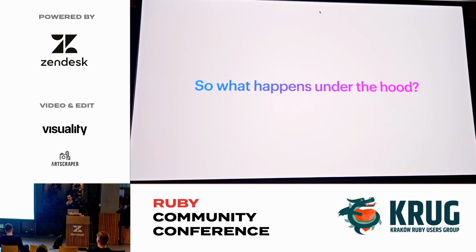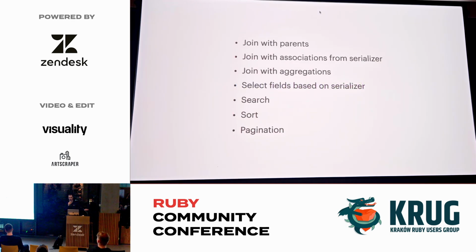So whenever you request data, you first join with the parents. You know your parents because you have them from the parents hierarchy. Then you join with associations, like derived attributes from the serializer. So you can ask the serializer, what do I need to be able to render this field? And the serializer, in a static method, can tell you, hey, you need these.